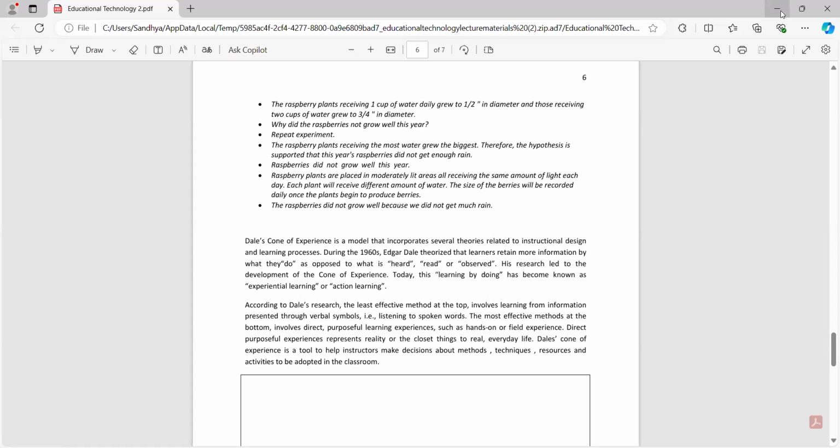Using traditional methods like lecture method and demonstration method, you will never be able to get the learner to develop the four C's. Okay, with that, we can stop.